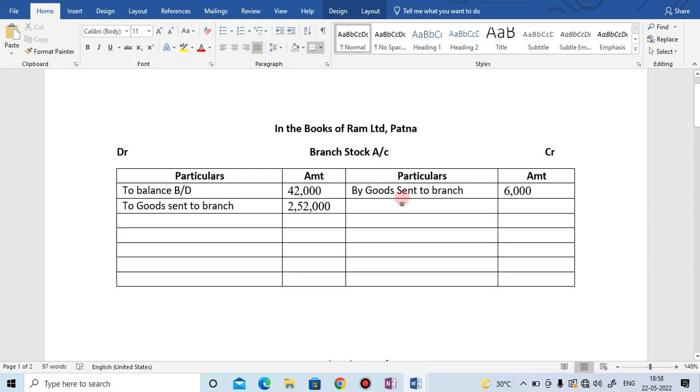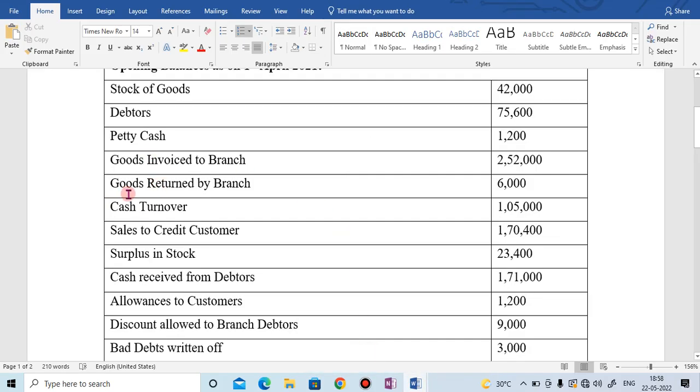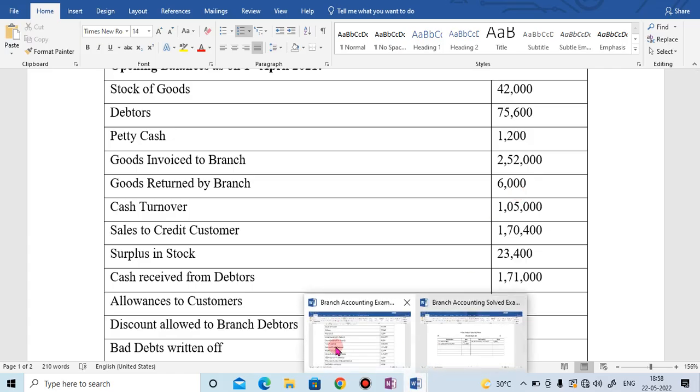So see, goods sent to branch, or you can write goods returned to branch here. Amount is 6,000 rupees. So this entry, goods returned by branch 6,000, we posted in branch stock account on the credit side. Now find the loading on 6,000 rupees.